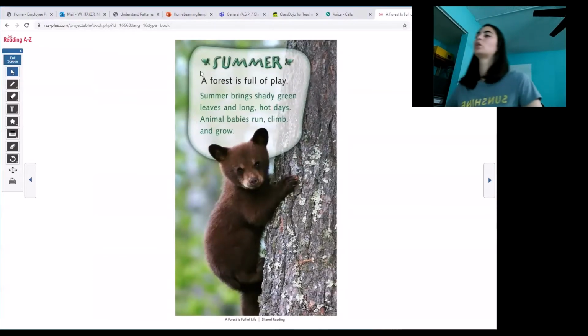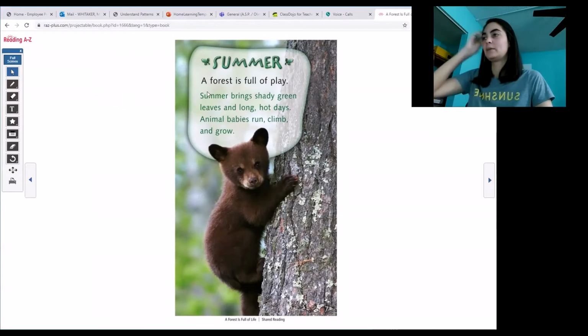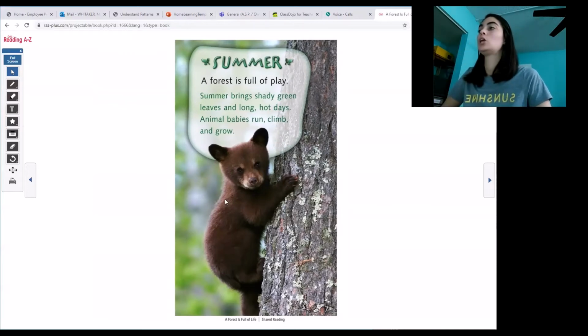Summer. A forest is full of play. Summer brings shady green leaves and long hot days. Animal babies run, climb, and grow. So when we're looking at nonfiction text like this, sometimes the author uses a subheading.